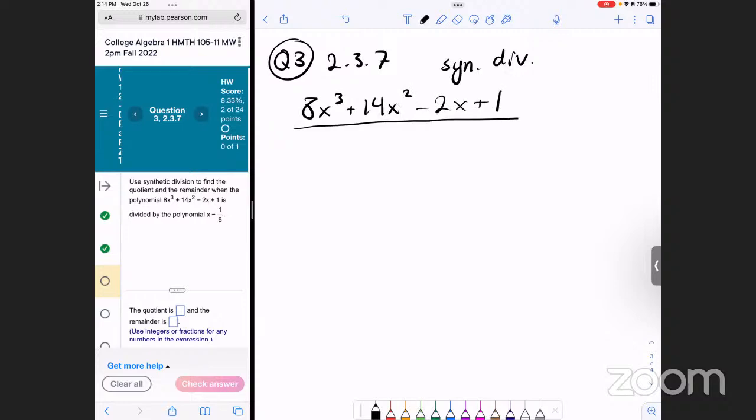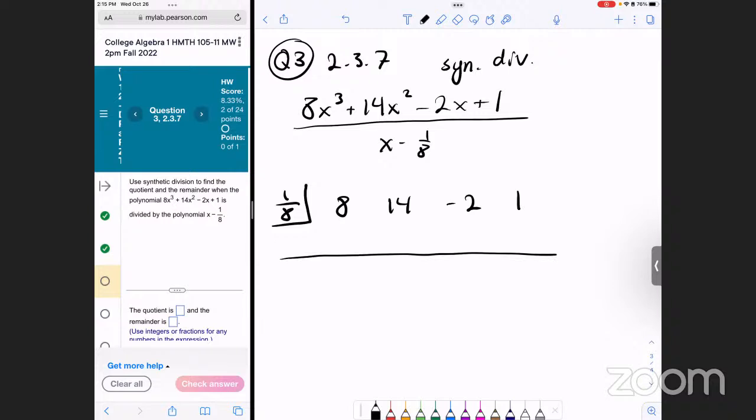We want to divide that by x minus 1/8. Let me see, 1, 2, 3, 4. So we don't need any placeholders. We are dividing by a linear binomial, so the 0 goes in the chair. The 0 in this case is 1/8. We take our coefficients of 8, 14, negative 2, and 1.